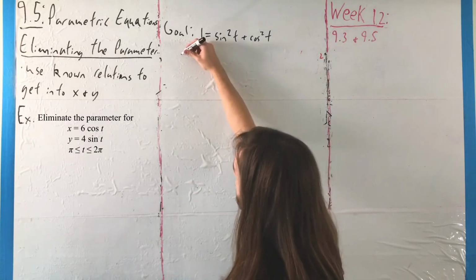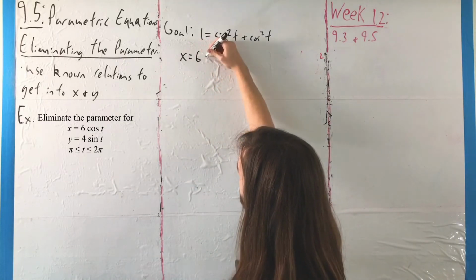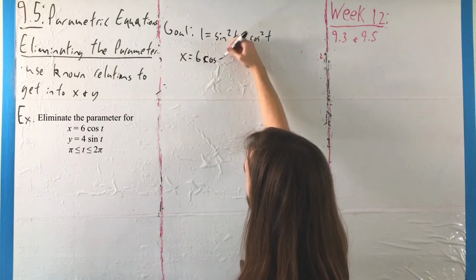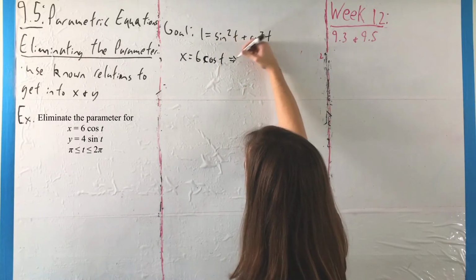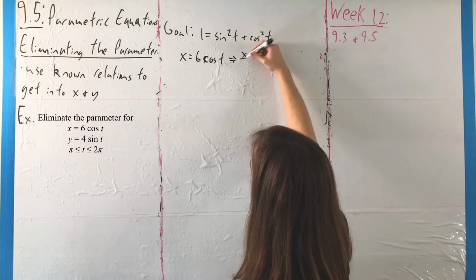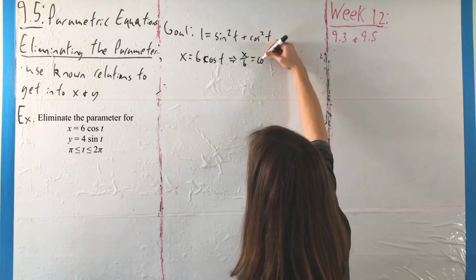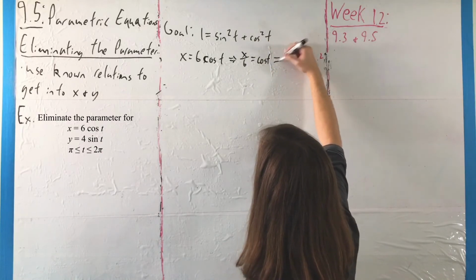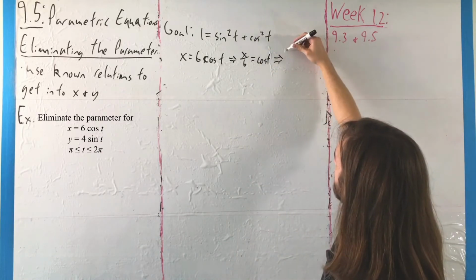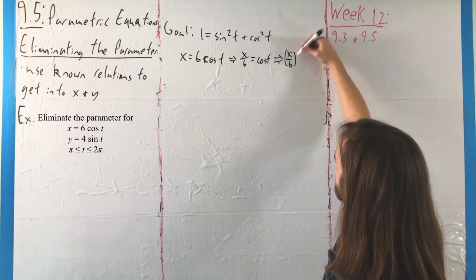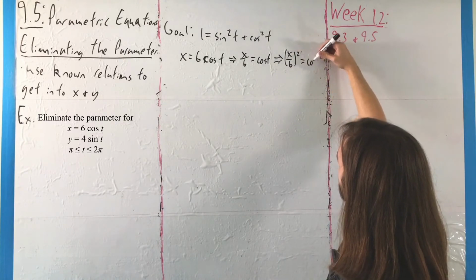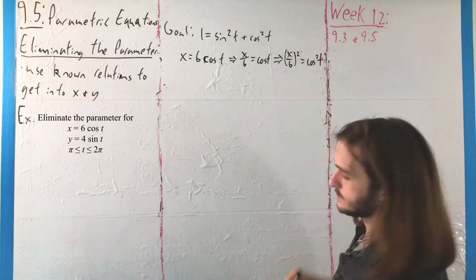As for x, we have x is equal to 6 cosine of t. So we can say that x over 6 is equal to cosine, or if you prefer, x over 6 squared is equal to cosine squared.